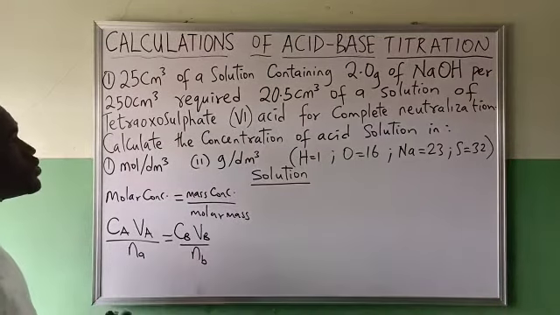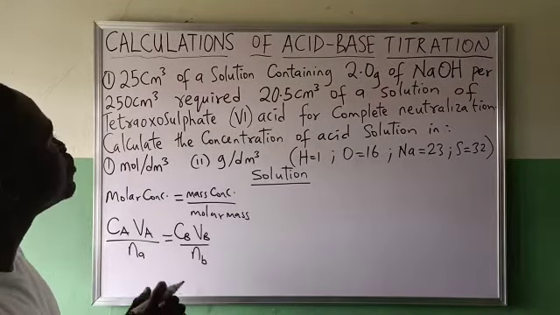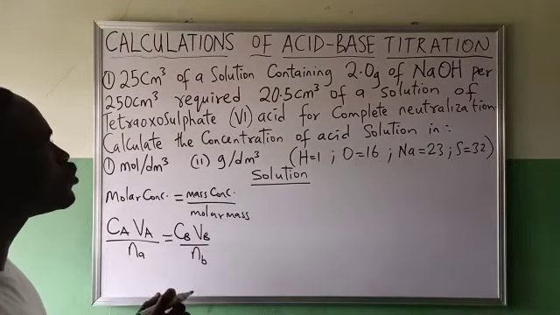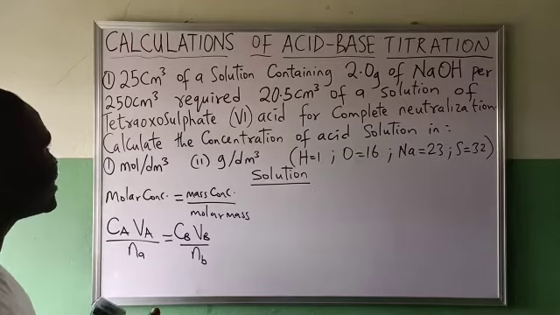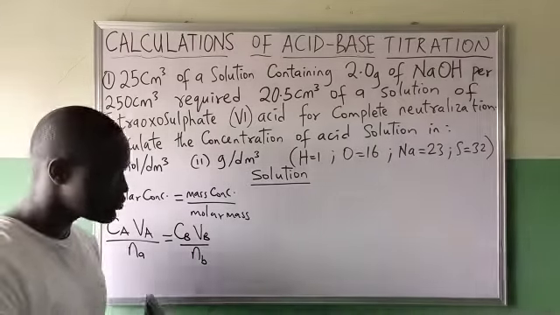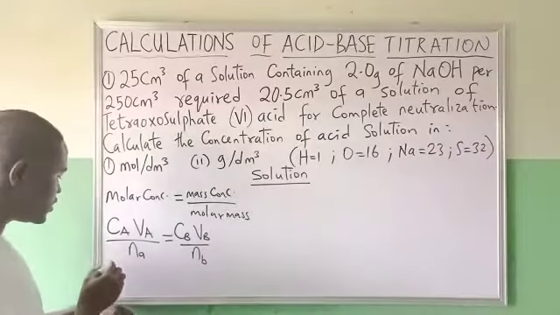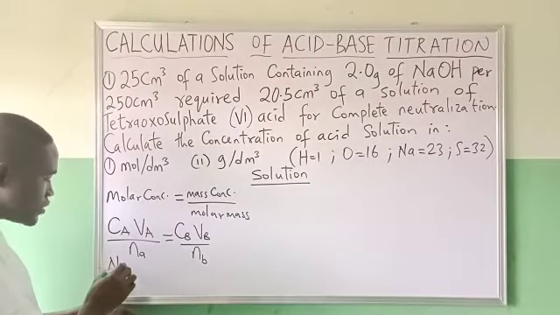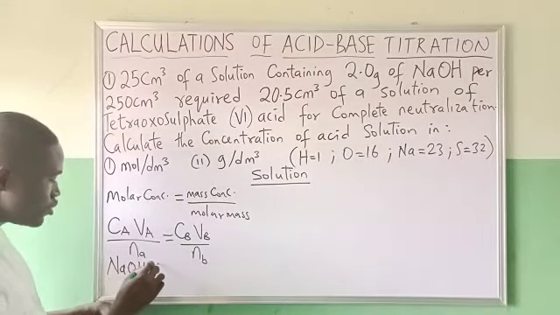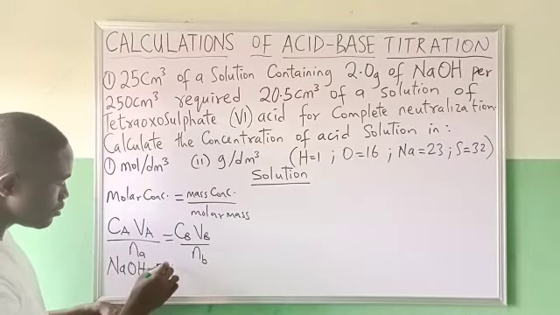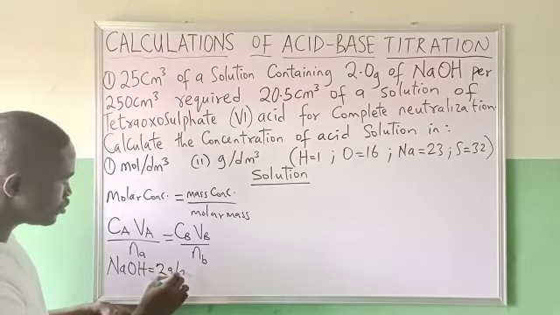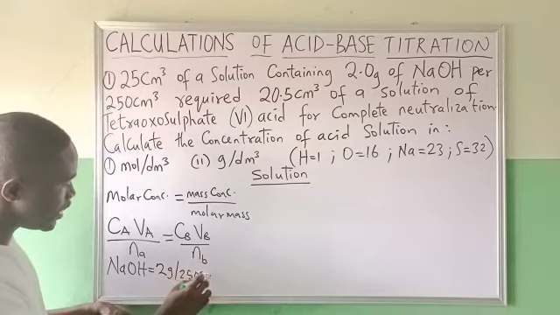25 cm cube of a solution containing 2.0 gram of sodium hydroxide per 250 cm cube. They gave the sodium hydroxide as 2 gram per 250 cm cube.